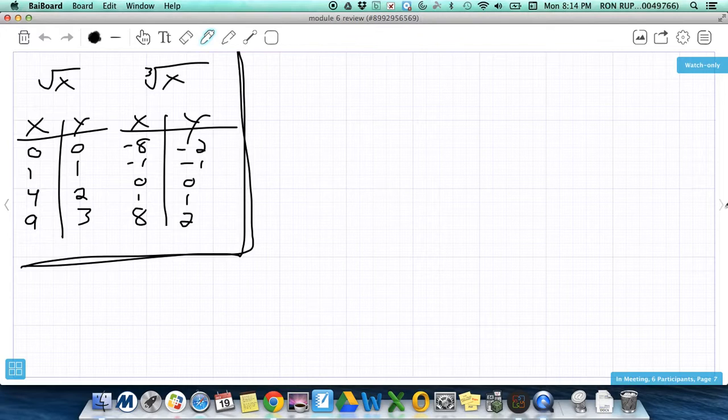And so now I just have to remember my rules. So I'm just going to write one general rule here. Y equals negative a, and then we have some radical x minus h plus k.